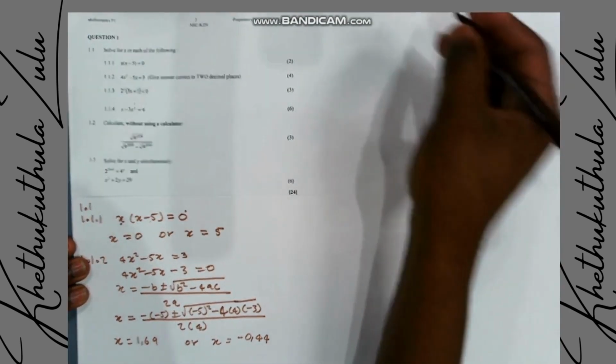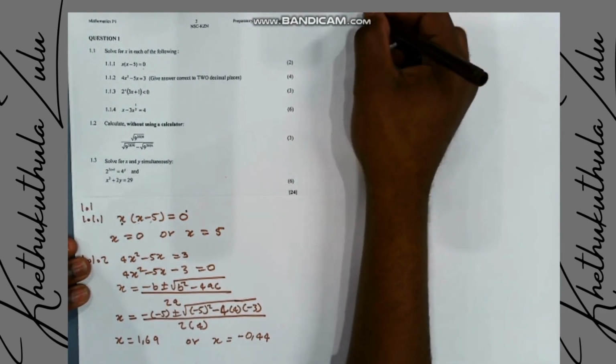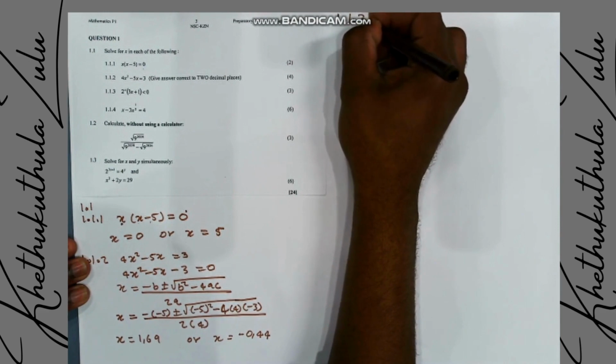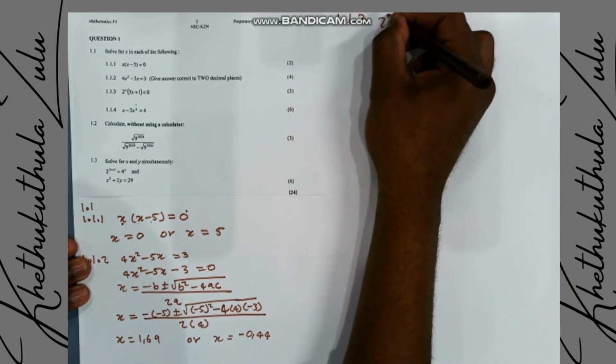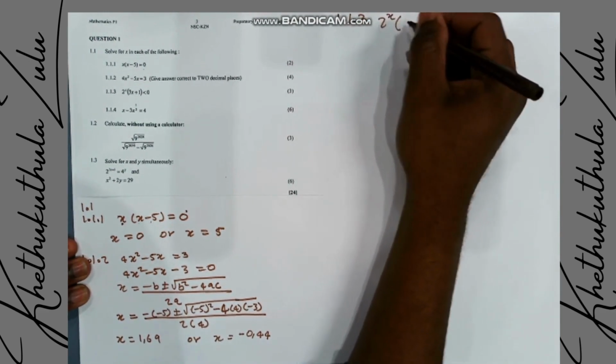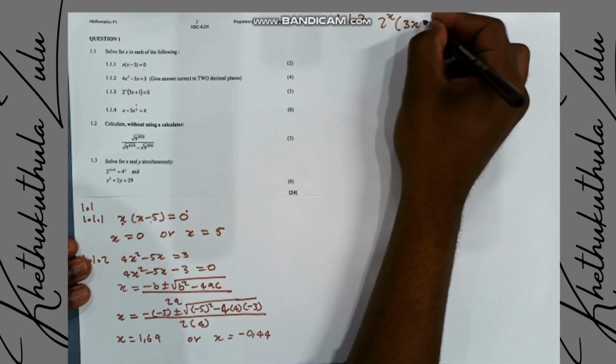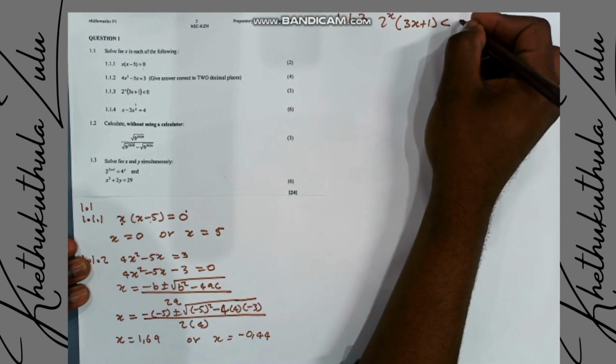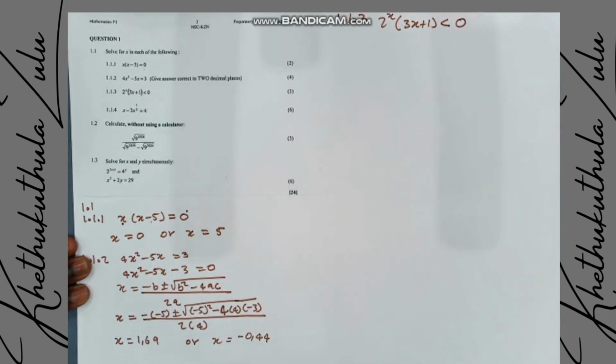Going to the second one, which is 1.1.3. It's saying 2^x, 3x + 1 is less than 0. Now we have this 2 raised to x and then 3x + 1.